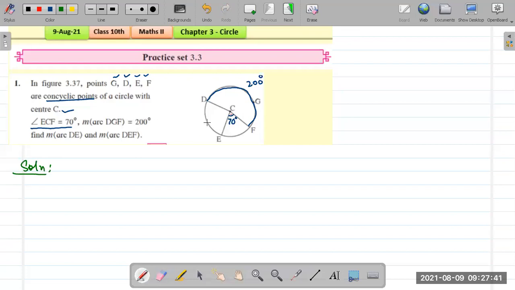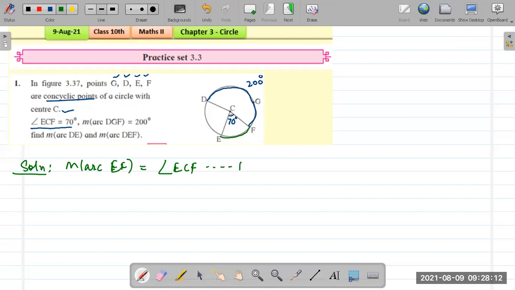All right. So how do we begin? Solution. Let's start with finding out what DEF is. Now we know that the total measure of this circle is 360 degrees. So first we will start with finding the measure of this arc EF. We can say the measure of the arc EF will be equal to angle ECF.